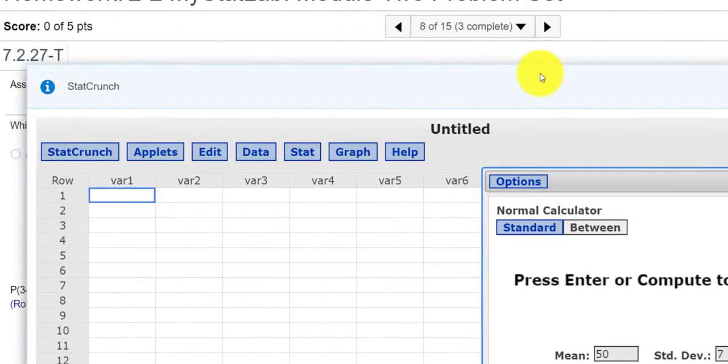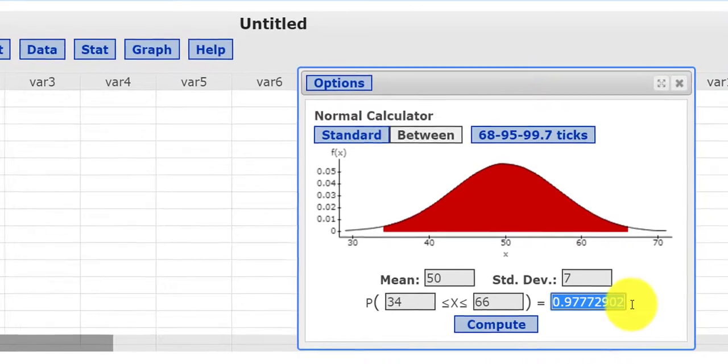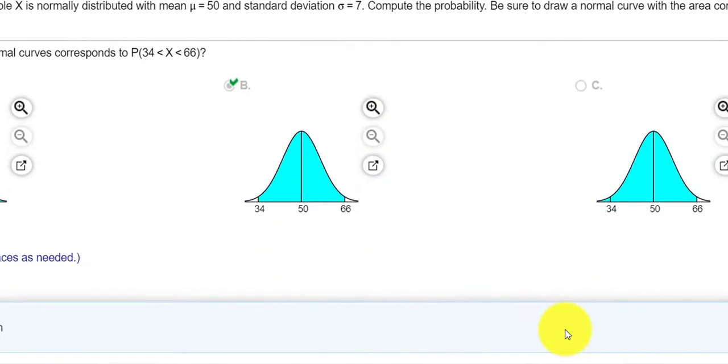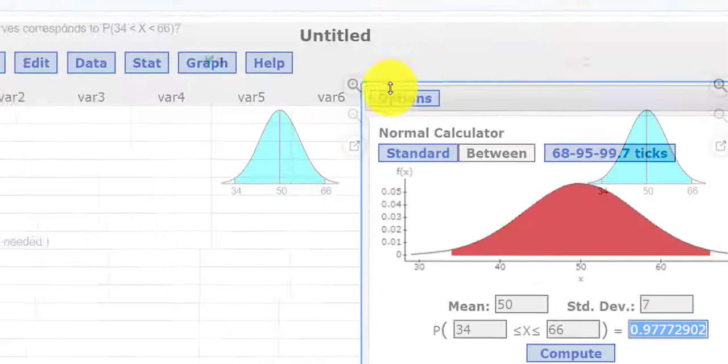X is going to be between 34 and 66. There's my probability. And by the way, notice that this graph looks similar to choice B. There was just a little bit of unshaded area on both ends. But again, this is what we want, the probability, the 0.9777.